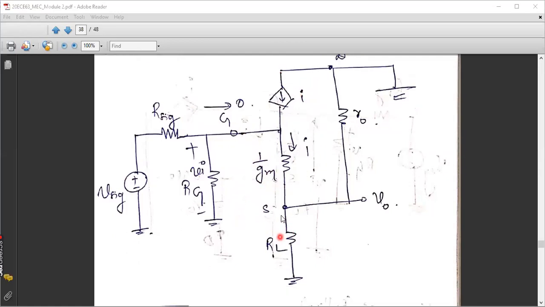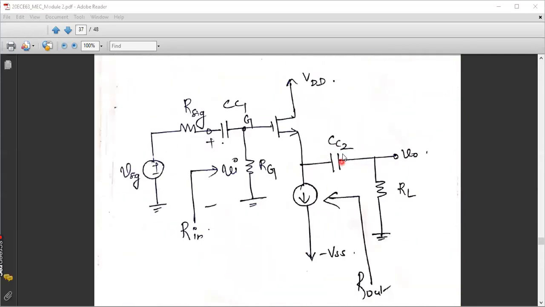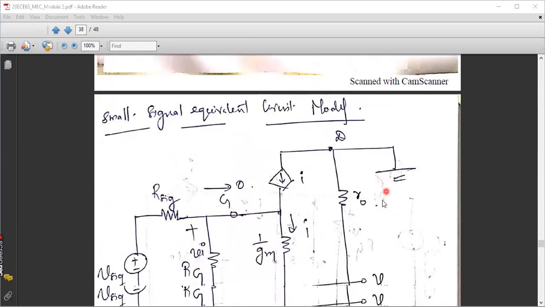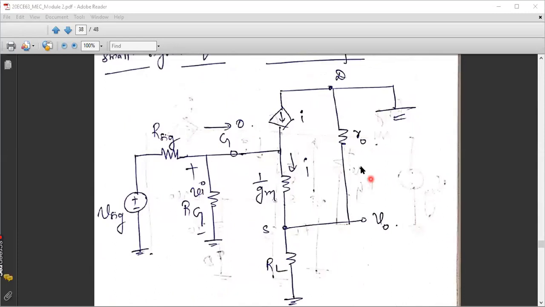Now, why is RL connected to the source? Because I'm taking the output across the source, and at the source we have RL. We have short circuited our CC2, so obviously RL will connect to the source, and across it I'm taking my output V0. For the analysis, we have already considered the effect of small letter ro, that is the channel modulation effect.